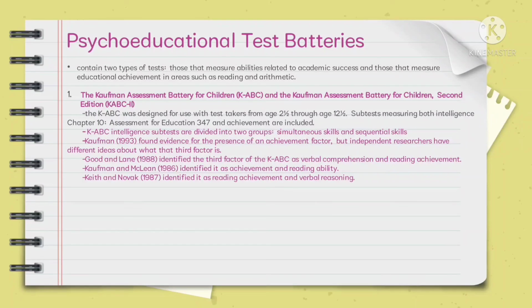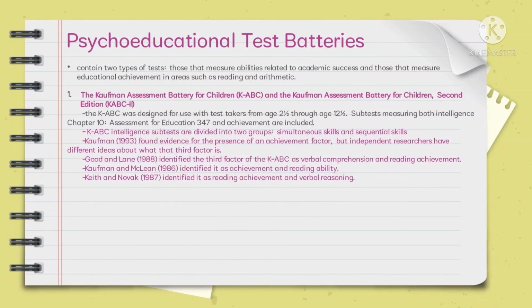Good and Lane, 1988, identified the third factor of the KABC as verbal comprehension and reading achievement, while Kaufman and McLean, 1986, identified it as achievement and reading ability. And Keith and Novak, 1987, identified it as reading achievement and verbal reasoning. Whatever the factor is, the KABC achievement scale has been shown to predict achievement.